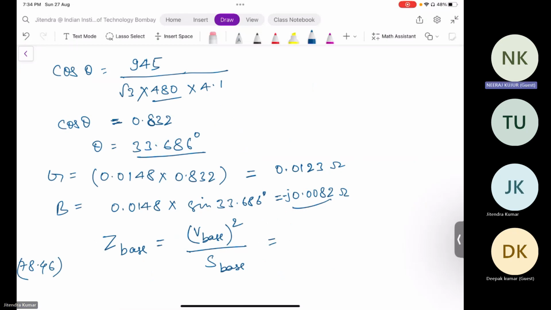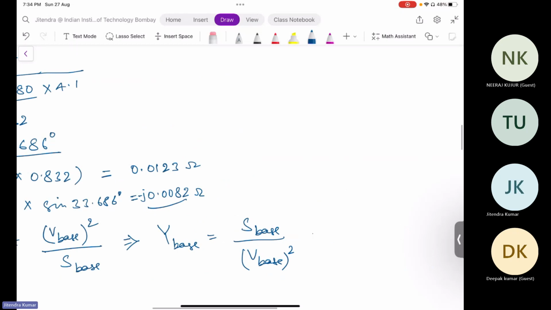The base value for admittance and impedance will not be the same, but once we compute Z base, we just need to inverse it. Okay, sir. The other way around, Y base is S base divided by V base square. Okay. Now it will be straightforward. S base is given for this.